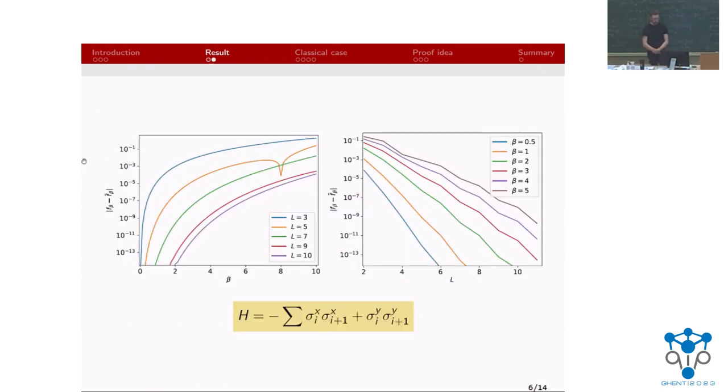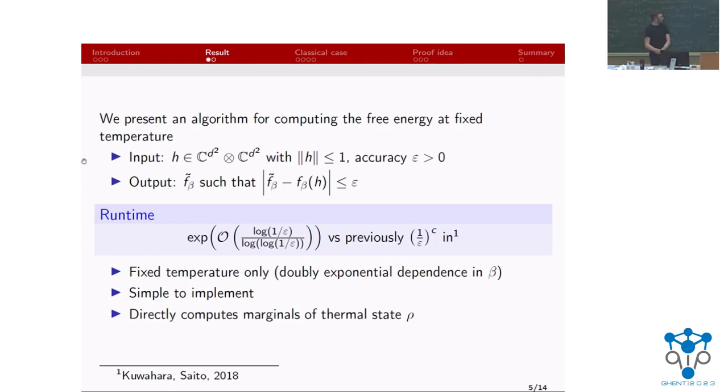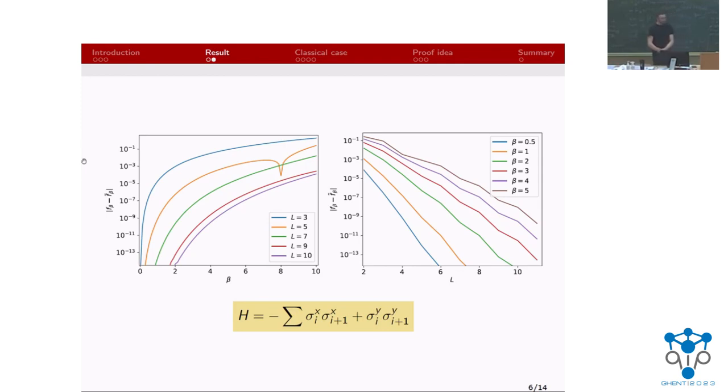When I say it's simple to implement, then why shouldn't we do it? And we did it, and compared to what I just said about doubly exponential dependence in beta, we made the observation that it's not as bad. We have some results here. This parameter L that comes up everywhere is basically something that describes the runtime.